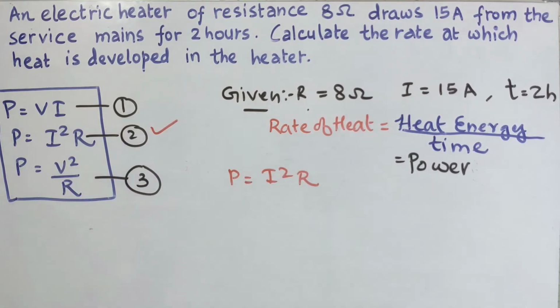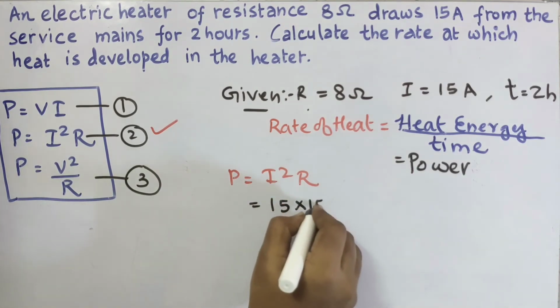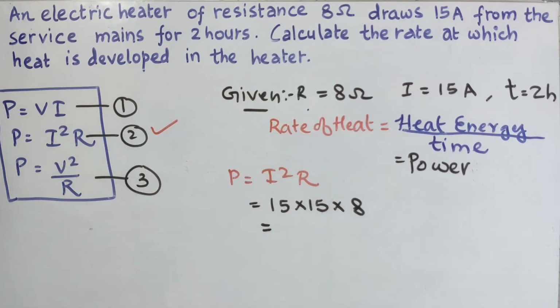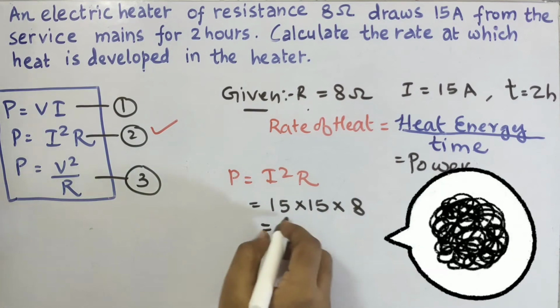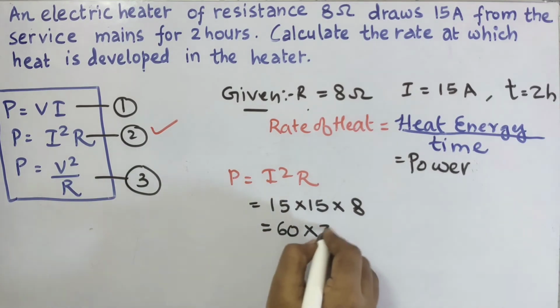Now put the values. I is equal to 15 amps. So 15 into 15, I square, into R 8. So 15 into 15 into 8. I'm doing like this. 15 fours are 60 and 2 15s are 30.